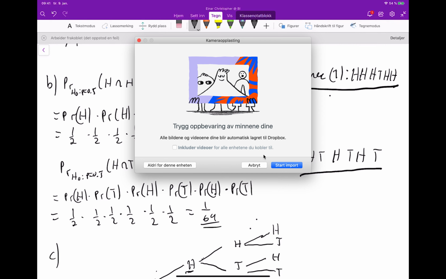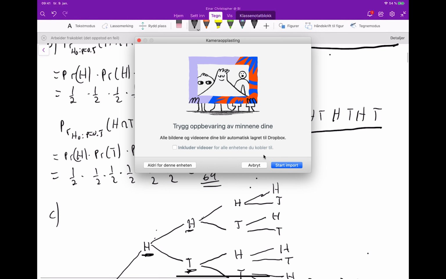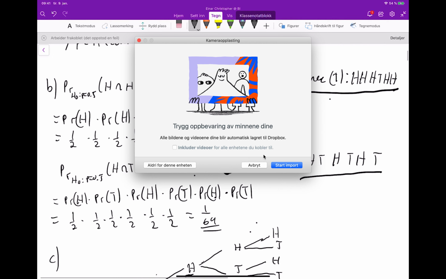So we have to take the probability of first head times probability of then tail times probability of then head times probability of tail, and so on, and we get again 1/2 in the power of 6, which is 1 divided by 64. So this sequence has exactly the same probability to be realized as sequence 1.